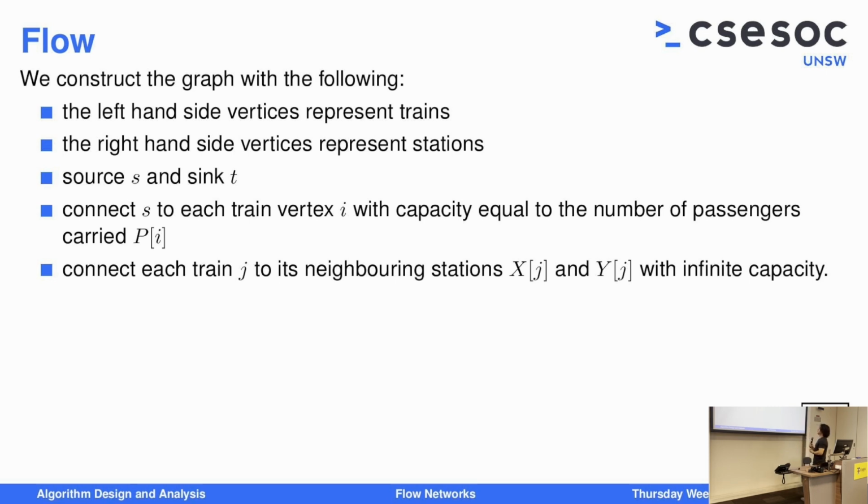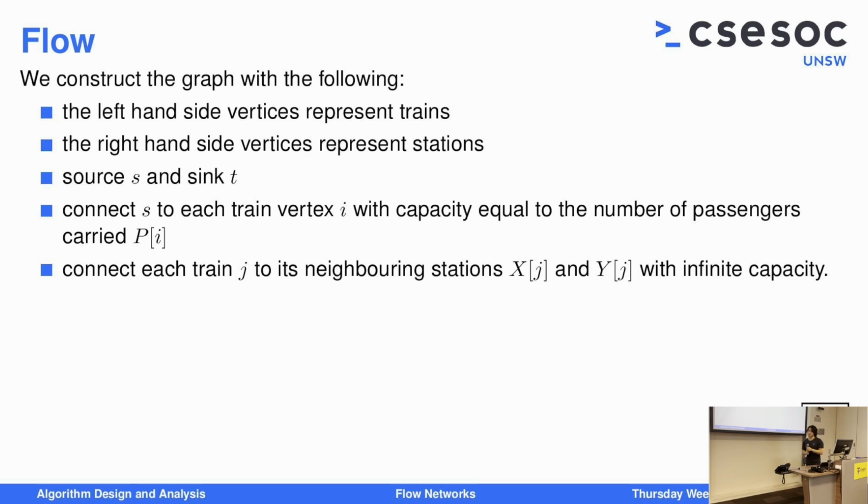The left-hand side vertices represent trains, and the right-hand side vertices represent stations. We have a source S and a sink T, where S is on the left-hand side and T is on the right-hand side. Connect S to each train vertex i with capacity equal to the number of passengers carried, Pi.